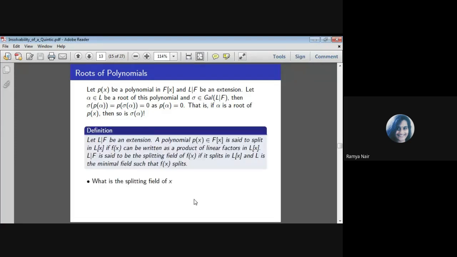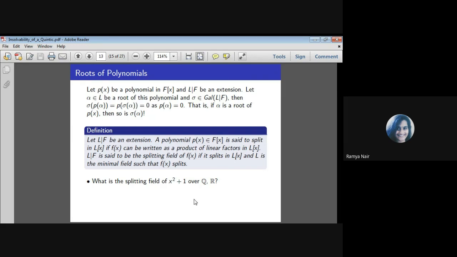Here the smaller field F in our case is always Q, and the bigger field is some extension of Q. So if you have a polynomial in Q[x], and you have an extension L over F, and a root of that polynomial which is in the extension L, and you have an element of the Galois group, what does that automorphism do to the polynomial P, and to P of alpha?